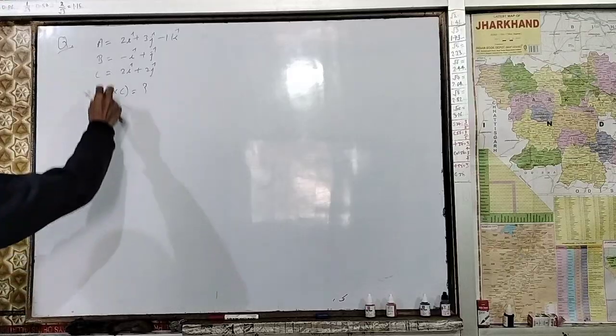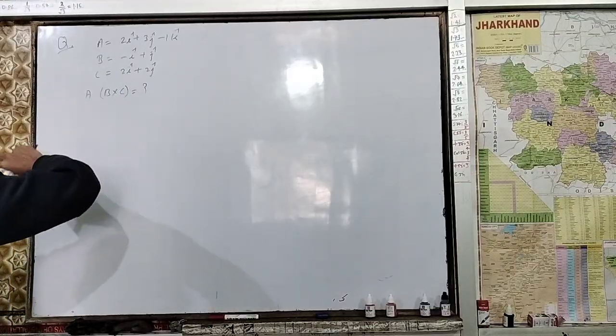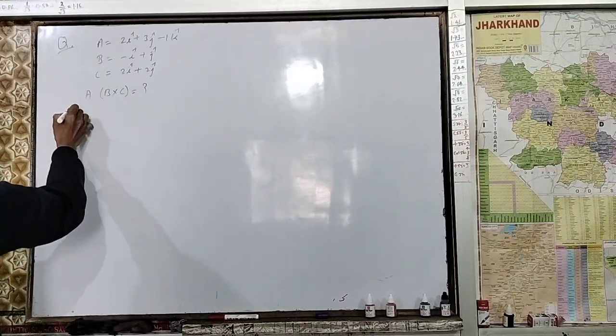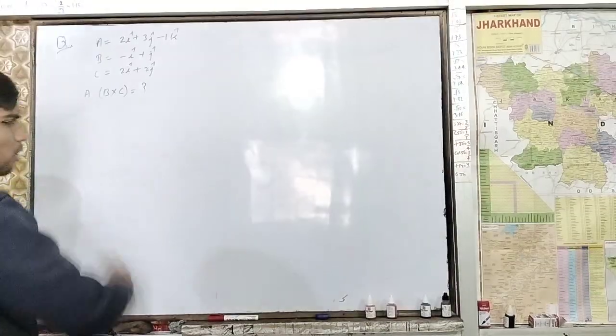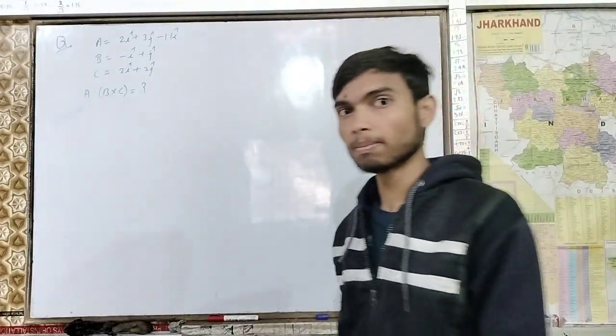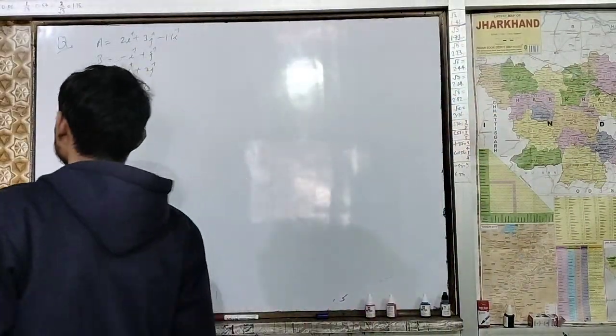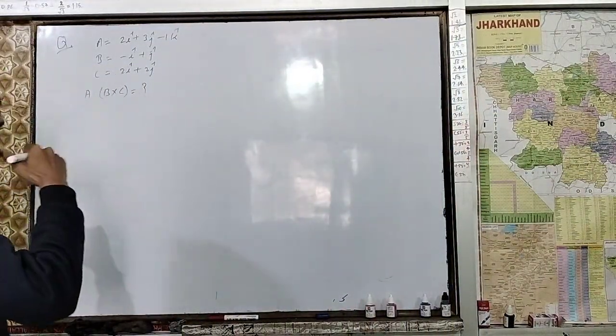Since we have A, B, C, first of all we would use the cross product for B and C. You don't need to follow a lengthy method. No. Use a simple, short, smart method which we found.